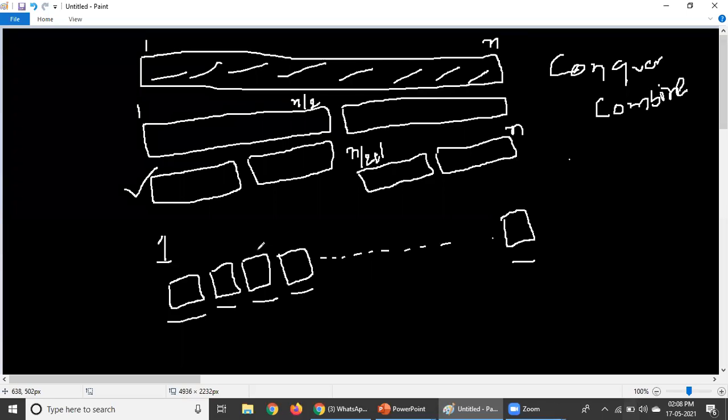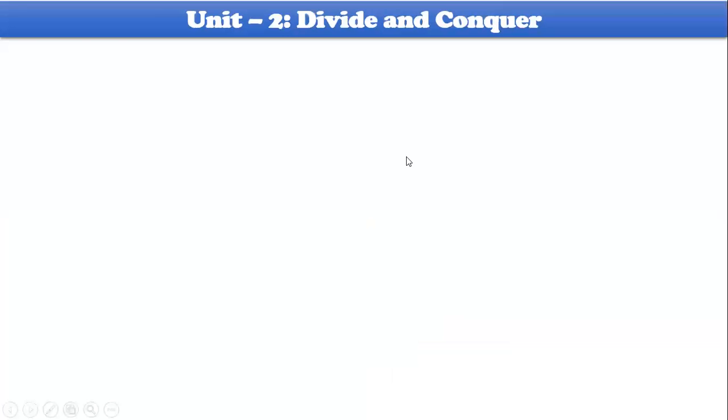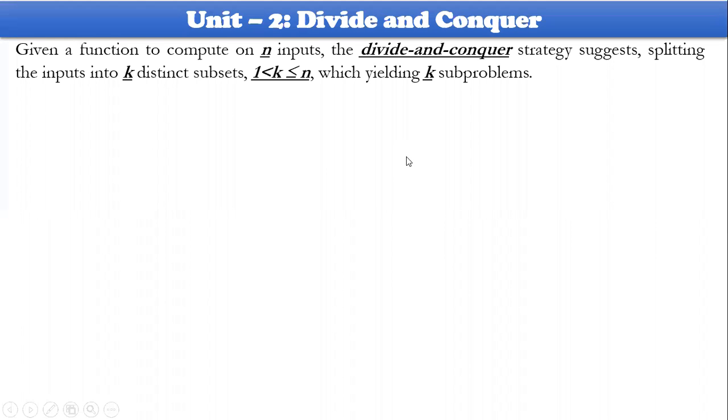Okay. Based on this strategy and this idea, keep it in our mind, and come to this particular point. Let us examine. If you are given a function, whatever the problem or problem space might be, to compute on n inputs, the number of inputs will be n.